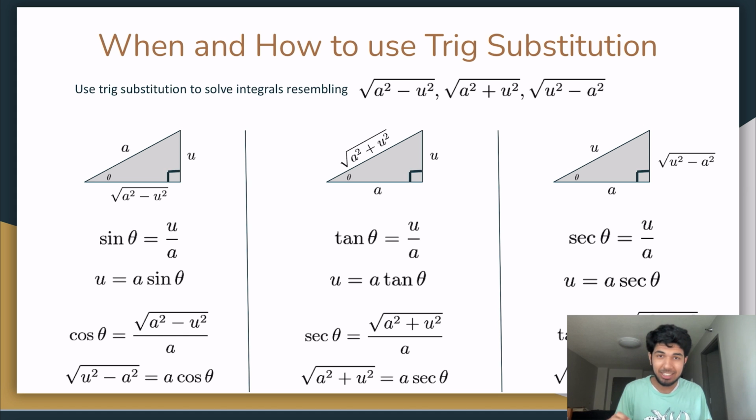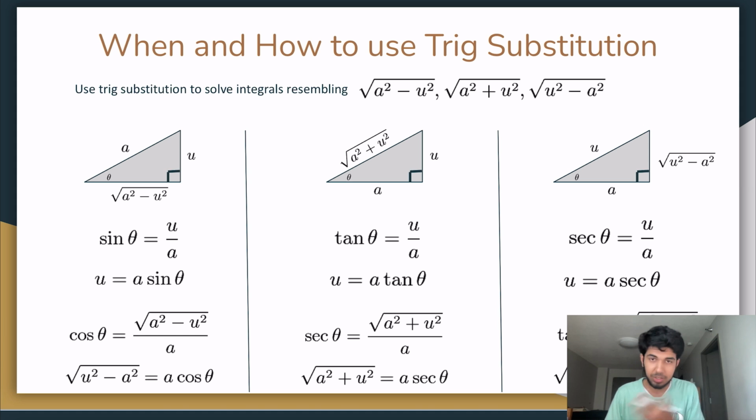If you have an integral resembling one of these three forms, the square root of a squared minus u squared, or the square root of a squared plus u squared, or the square root of u squared minus a squared, then we can use trig substitution. In this case, a is a constant and u is some function of x.